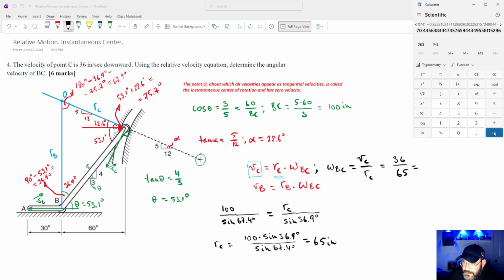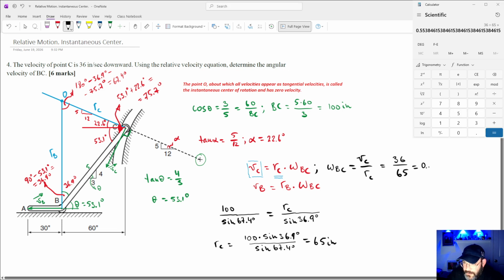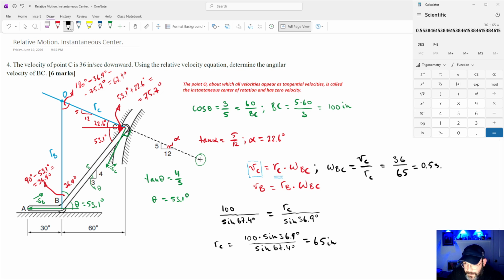See how much is that. 36 divided by 65 is 0.5538 radians per second, and this is clockwise, right? You can see that all that stuff is rotating clockwise.